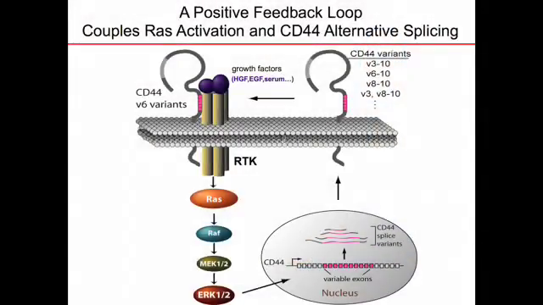And activation of Ras/MAP kinase signaling can further stimulate alternative splicing of CD44, resulting in a generation of CD44 splice variants. And these CD44 splice variants are synthesized as proteins, resulting in the presence of these CD44 variants on the cell membrane.